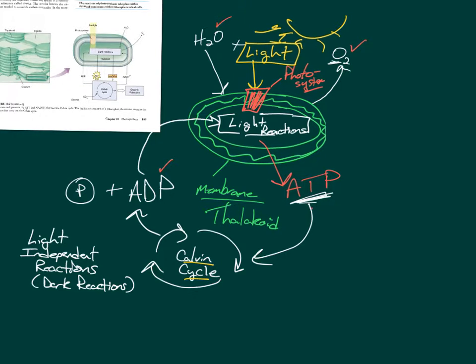Not only do they produce the oxygen that we breathe, they produce the food that we eat. And you say, I eat cows, I don't eat plants. The cows eat grass. They eat plants. All the energy comes from the sun. It starts with plants and comes down what we call trophic levels. All right, let's go on and look at this.